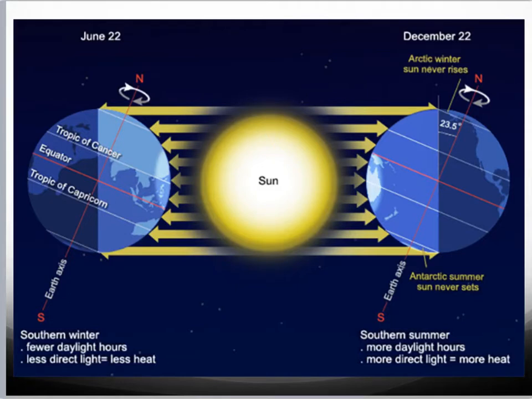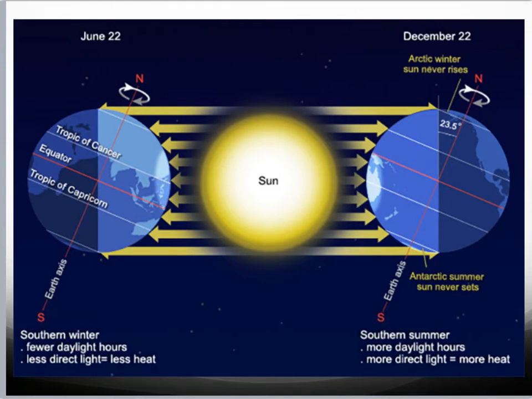This diagram is going to help explain why we have hot summers and cold winters. There are a few things to take a look at in order to explain this. First, let's take a look at our solar radiation coming in. Notice how our solar radiation is equally spread out from the Sun. However, if we take a look at the Earth's surface, near the equator, our solar radiation covers a small surface area.